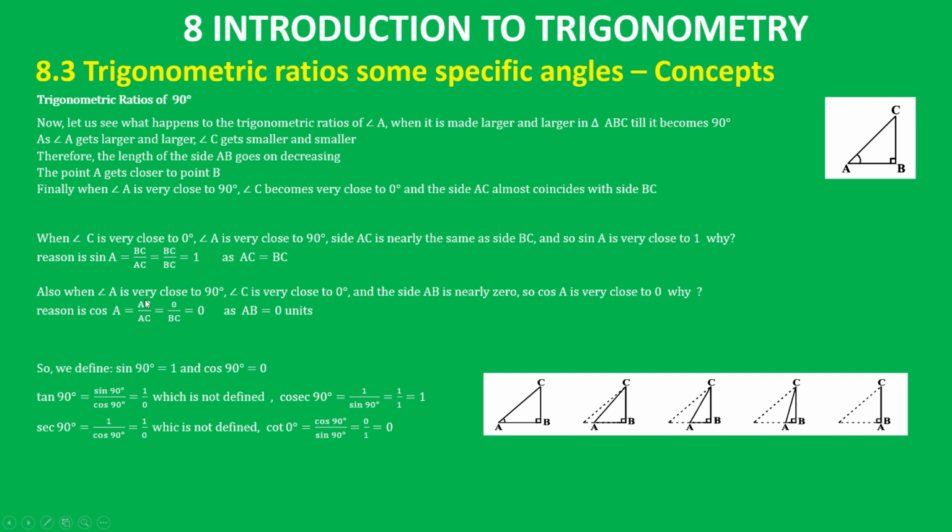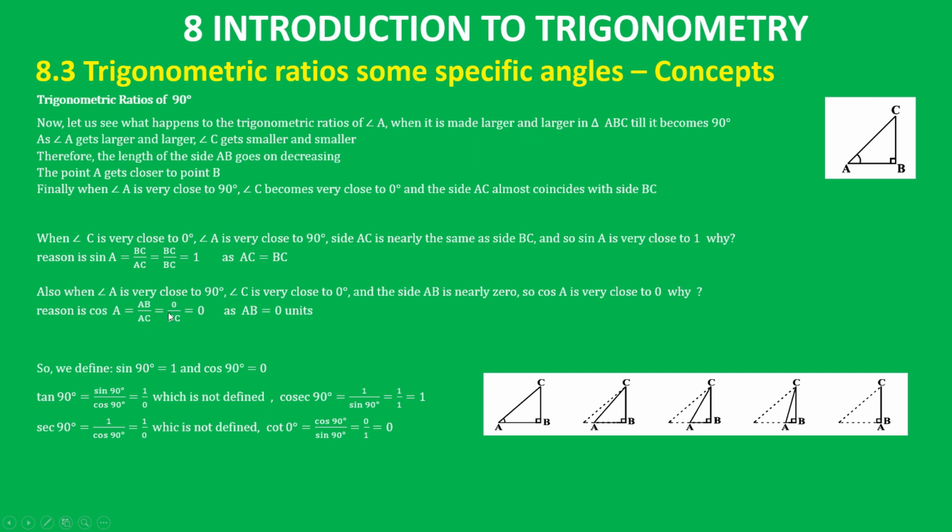Also when angle A is very close to 90 degrees, angle C is very close to 0 degrees, then side AB is nearly 0, then cos A is very close to 0. Why? The reason is cos A is equal to AB by AC.